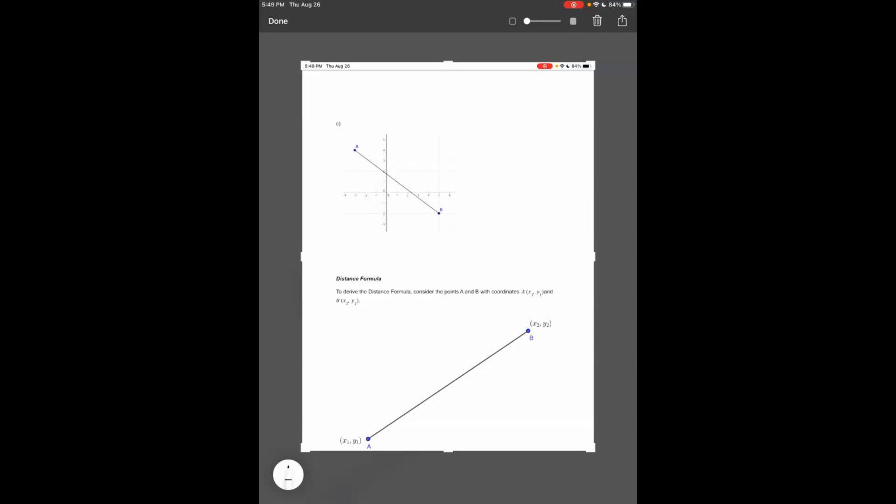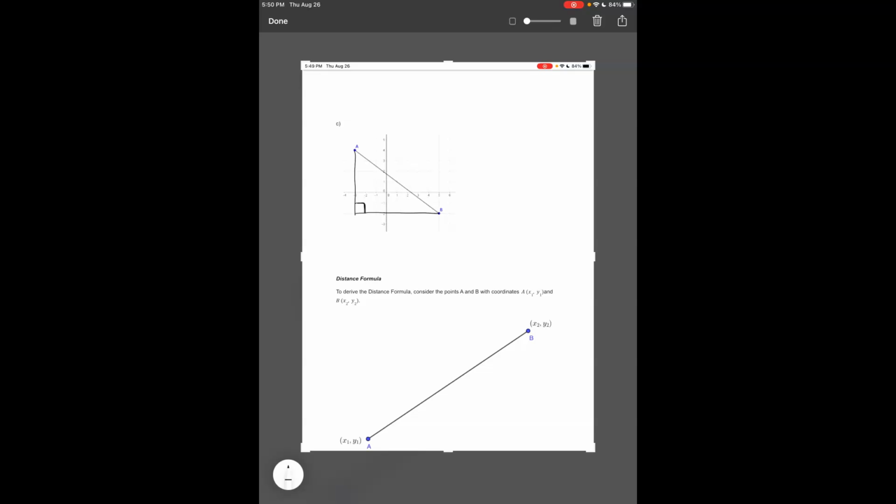And the reason for that is any line segment has a slope. And if you remember from Algebra 1, you're able to draw in the slope triangle on any line segment. And when I do this slope triangle, we end up with a right angle where the vertical and horizontal components meet.